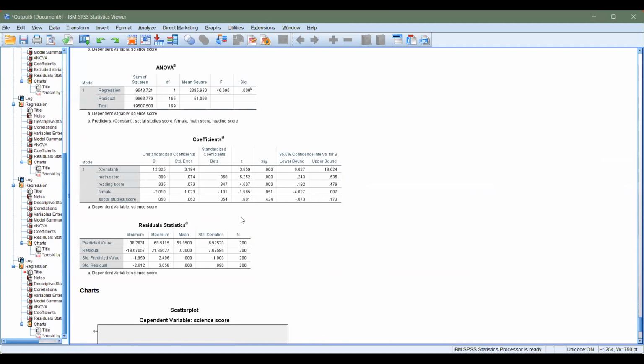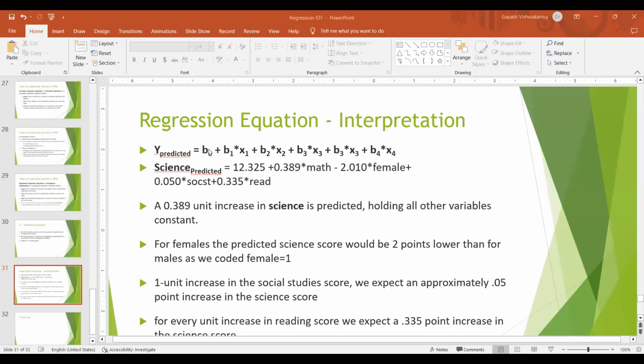Now for the interpretation, I'm going back to this PPT and you can see how you have to write it. Can you see this? So this is how you have to write your equation, that we are predicting the science score of this type: 12.325 plus 0. That's how you have to write it.